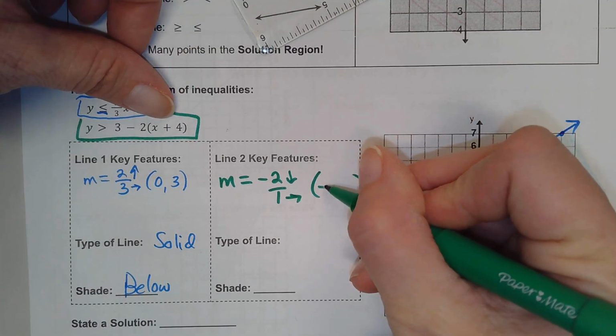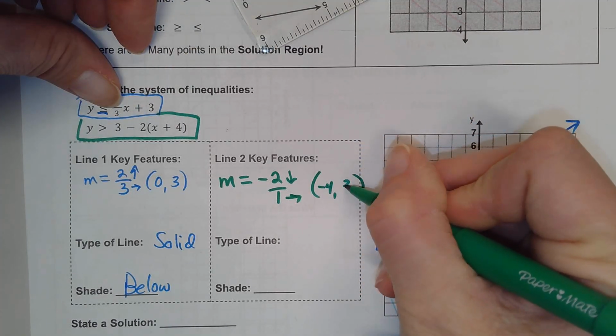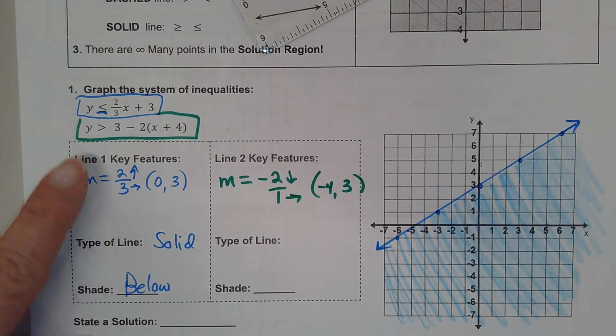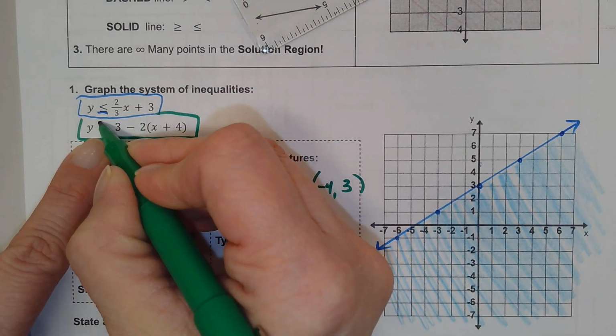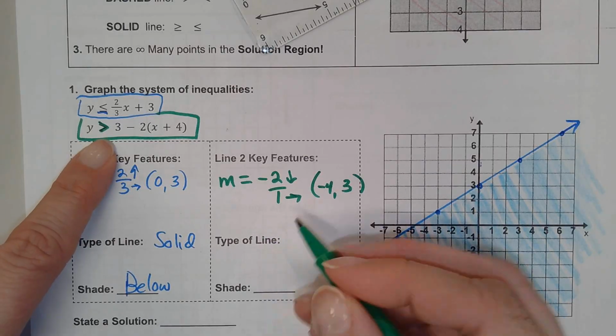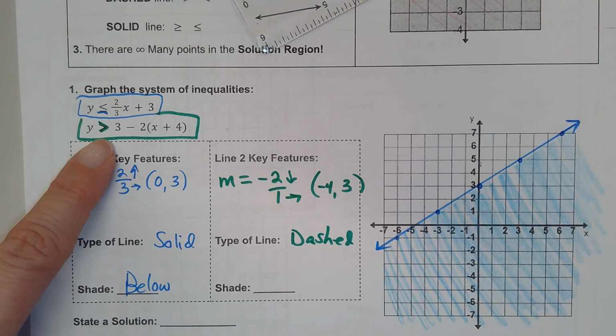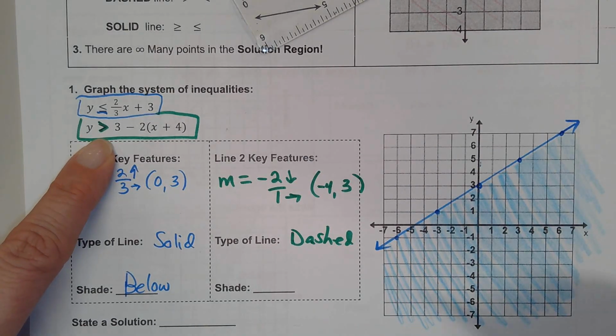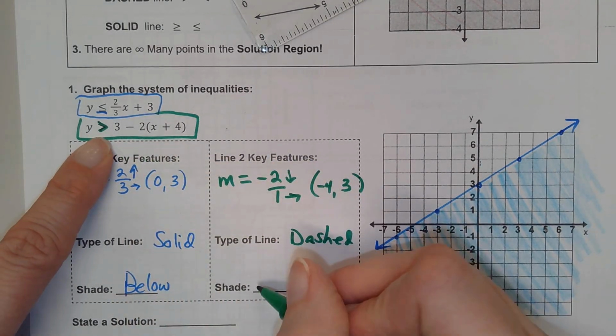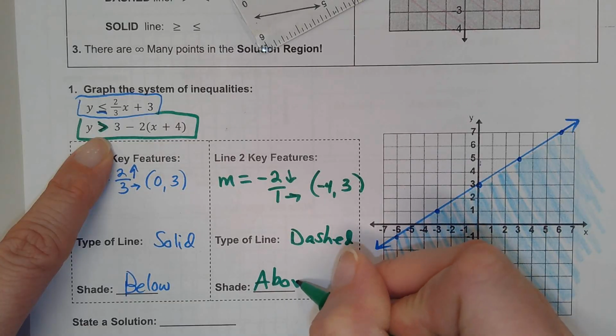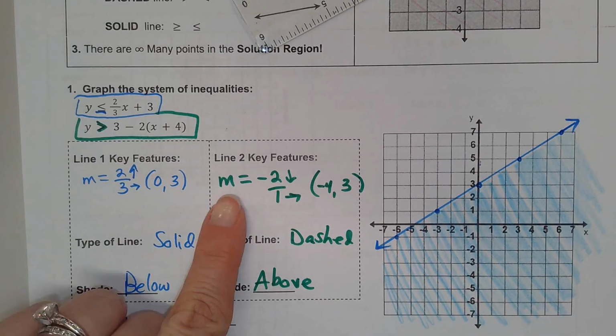We have (-4, 3). When you see a greater than sign, just greater, no equals, we will be dashed. And are we going to shade above the line or below the line? We're going to shade above the line. Let's go get this inequality graphed.